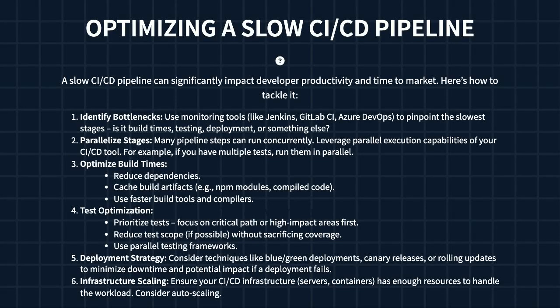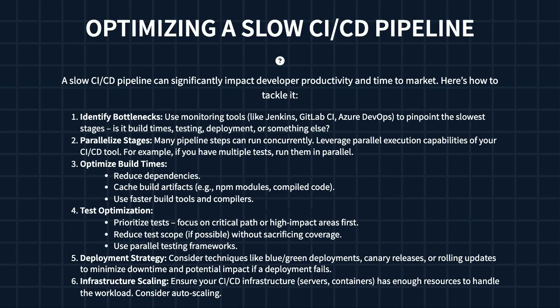Okay, let's talk about how to speed up a sluggish CI/CD pipeline. It's a common challenge. The first step is figuring out where the slowdown is. Use monitoring tools to find those bottlenecks. Maybe your builds are taking forever, or testing is dragging things down. Then we can look at ways to make things run faster: parallelize as many steps as possible, like running multiple tests simultaneously.